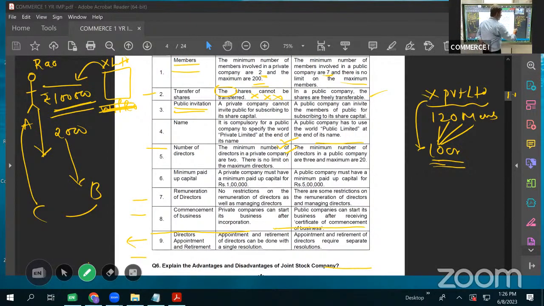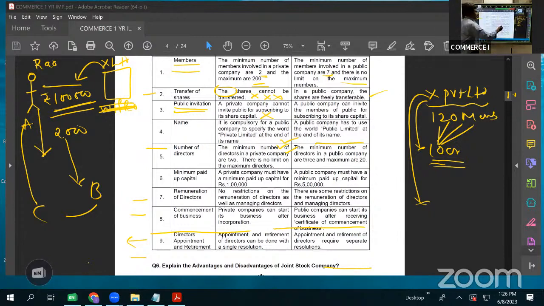Can they ask the amount from public in the form of shares? No. They can approach a bank and take a loan. But can they issue shares to public? Answer is no. So a private company is not allowed to issue shares. They cannot ask the public to subscribe for their share capital. The entire share capital will be managed by the members of the private limited company.